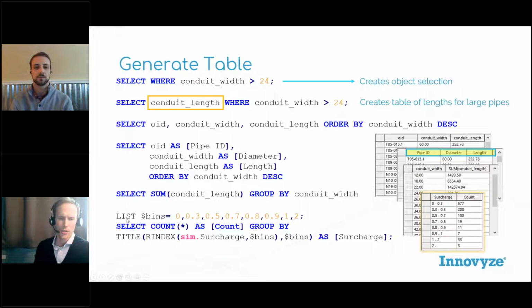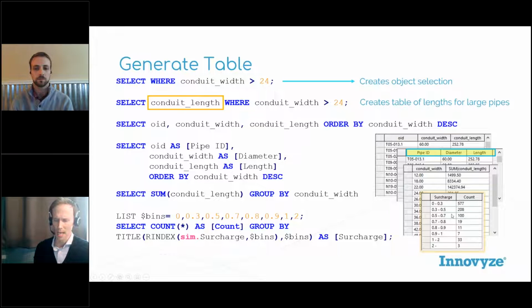You create a list, and we'll come back to lists later, but you say list, and you can define your list from 0.3 up to 2 for surcharge state. And then we're going to say select the count. So we're just going to count the number of pipes in each bin. And then we just use title R-index, the surcharge results, and then those bins.